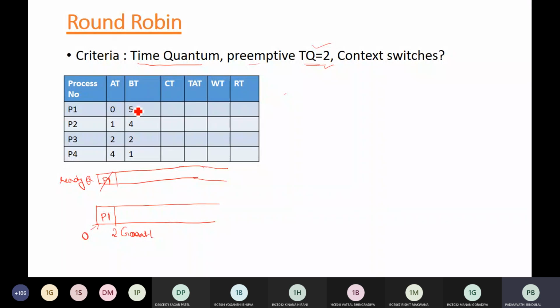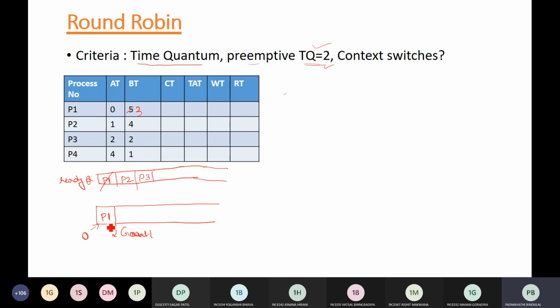That means the burst time went from 5 to 3 because 2 seconds are already executed. Now you can see P2 has arrived, so put P2 in the ready queue. Then at 2 seconds, you also see that P3 has arrived.